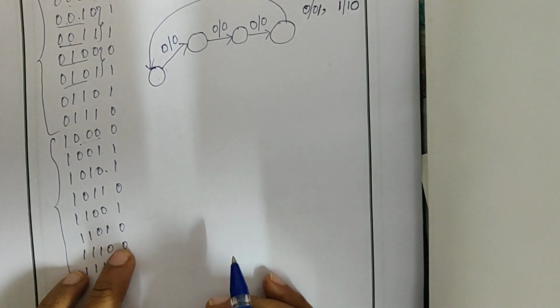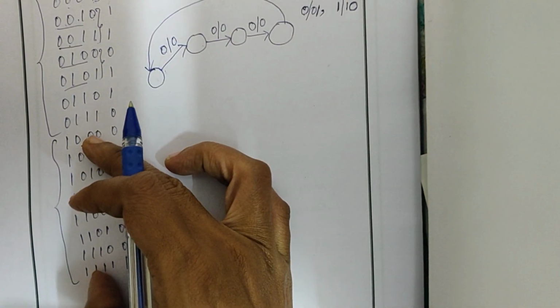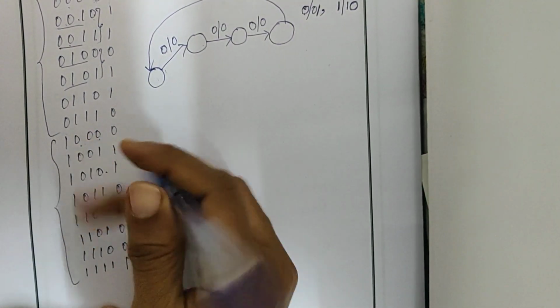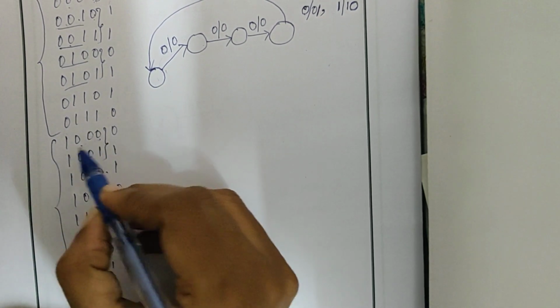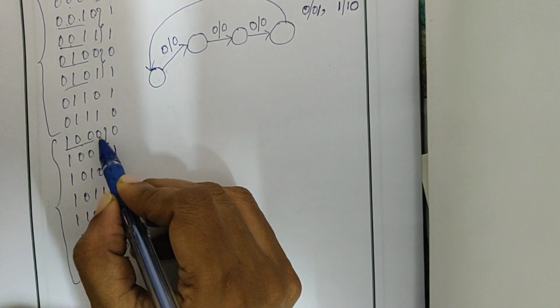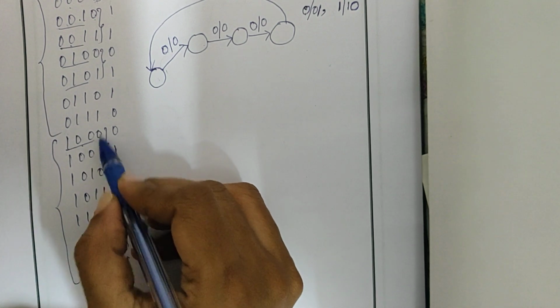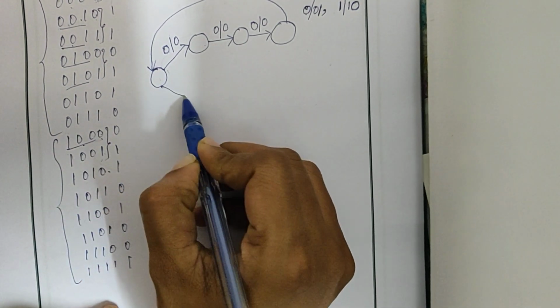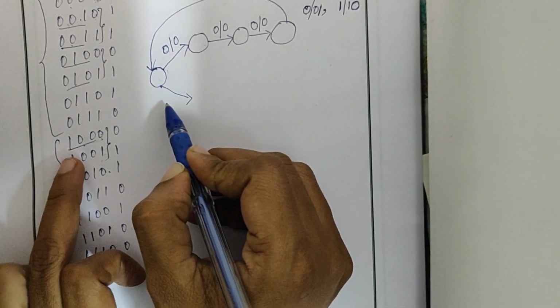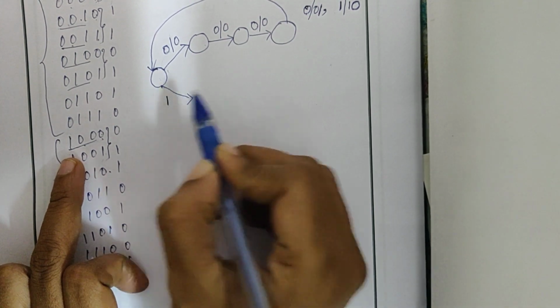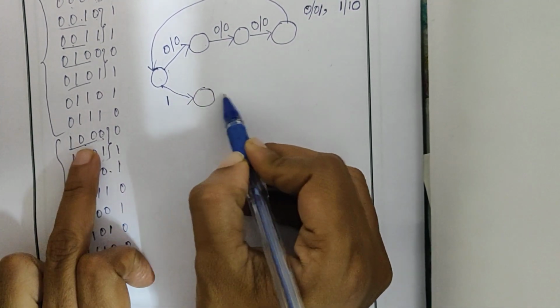Right. For the next branch, I should take this set. In this set also, you take the first two combinations. The first 3 bits are the same. The fourth bit will be either 0 or 1. So what I can do here, the first bit is 1. So I'll write 1 here. Next, I'll write 0.